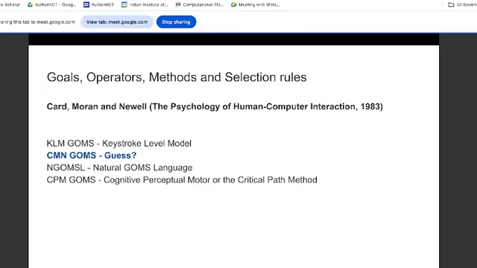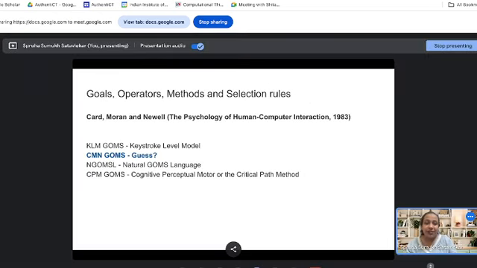Some of the examples or categories of these models: first is the KLM GOMS. It is about the keystroke level model, the keystrokes while performing actions with computer systems or with software. Then there is CMN GOMS. Can you guess what the meaning of CMN is? You can look at the slide and you might be able to find it.